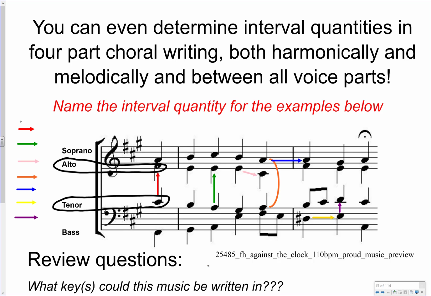So we can take out the sharps and just say, okay, what is the distance from a C up to an F? Well, the answer would be a 4. And if I want to get really technical, I could tell you that this interval is a harmonic interval because the altos and the tenors will sing their notes simultaneously. So take a moment to look at the other arrows and come up with your number.